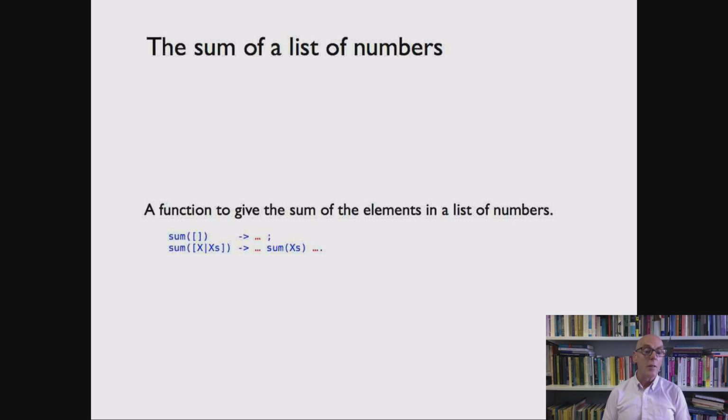So let's take a particular example of summing a list of elements. So if we have an empty list, what's the sum of no elements? Well, the answer is it's nothing, it's 0. But what about the sum of a list whose head is x and whose tail is x's?